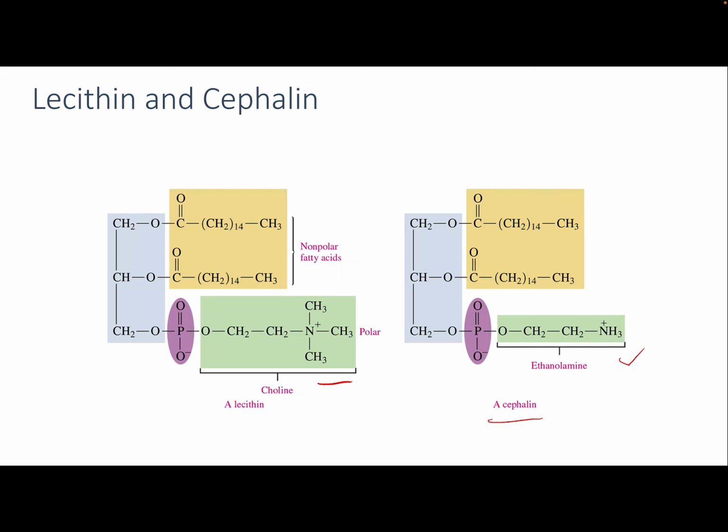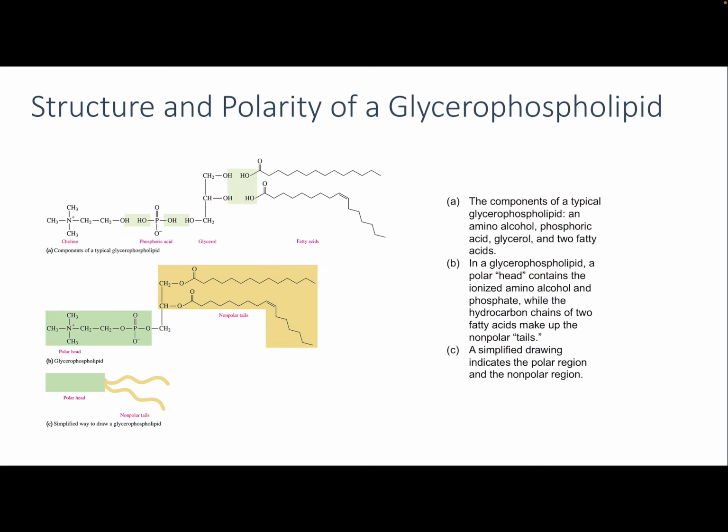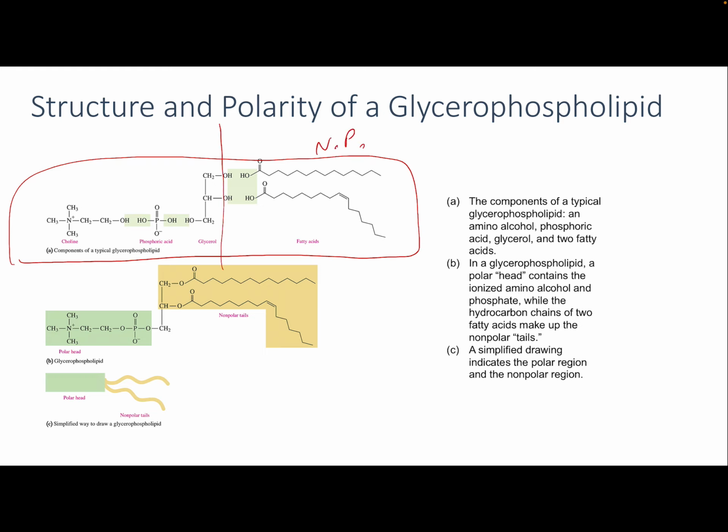Now, glycerophospholipids do contain both polar and non-polar regions. This allows them to interact with both polar and non-polar substances. So if you take a look at a glycerophospholipid here, you can clump all the non-polar sides on the left here, and you can put the polar parts on the right.